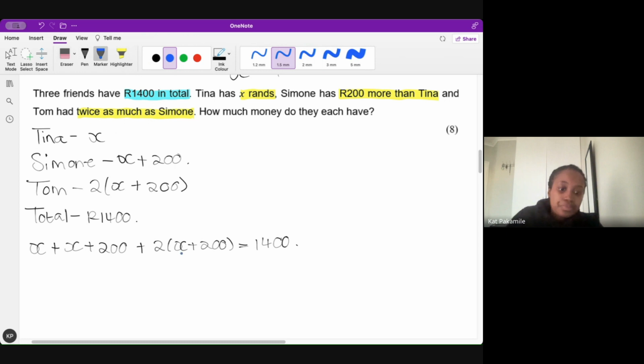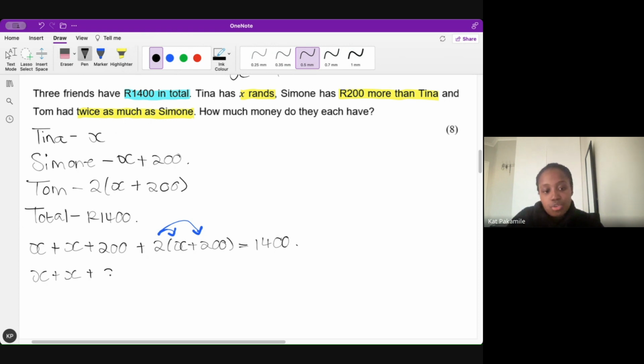Before I do anything, this 2 outside the bracket is bothering me. So as I said, we have to distribute it because it is outside a bracket. So it is X plus 2 times X, which is just 2X, plus 2 times 200, which is going to give us what? 2 times 200.